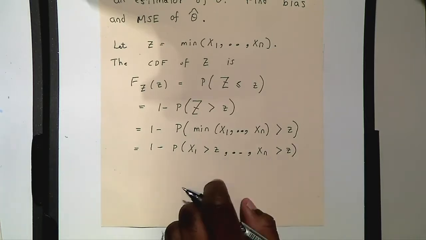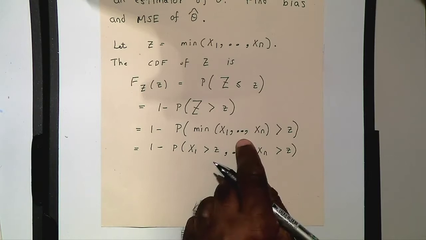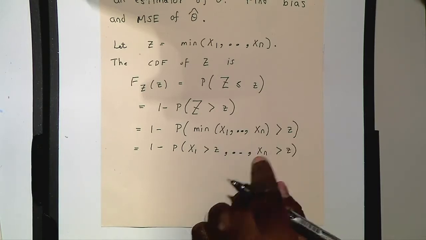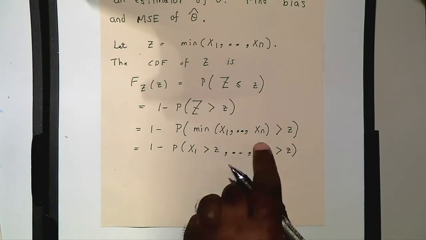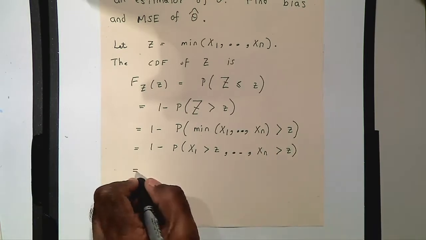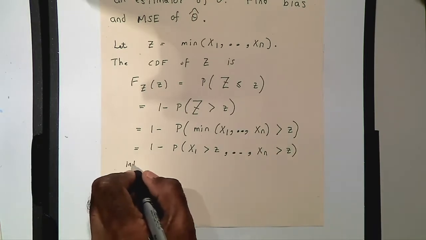Do you follow me? Why? Because the smallest value of a sequence of numbers is greater than z means that each value must be greater than z, okay?